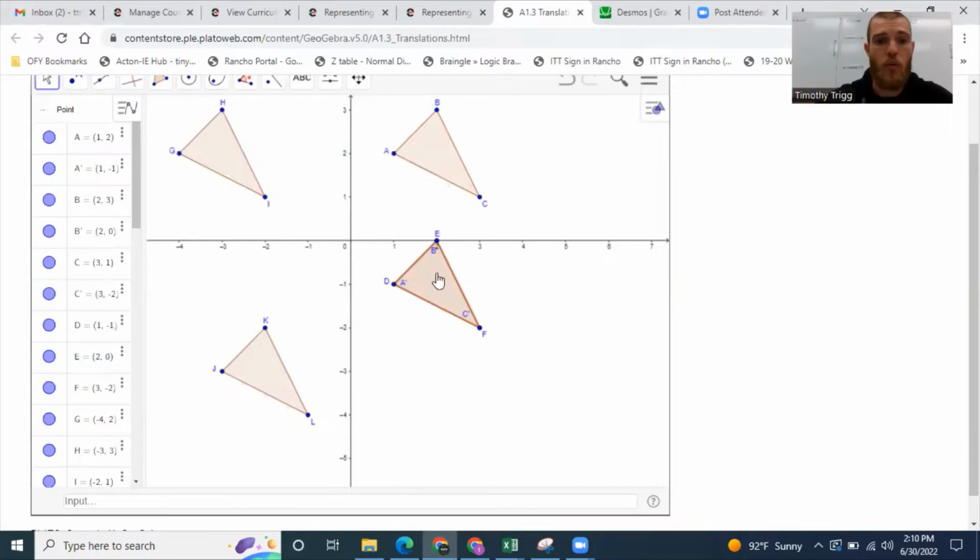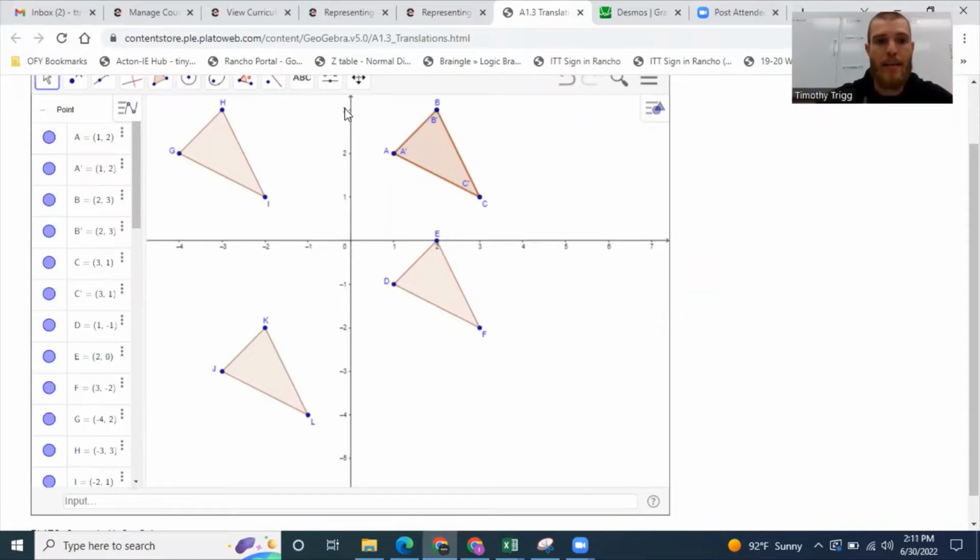Okay, so we needed to move triangle ABC downwards. Now, how much downwards? Notice if I'm looking at each of the coordinate points, I could maybe look at coordinate point B. It's going to coincide with coordinate point E there. So how much do I have to move point B downwards to get to point E?